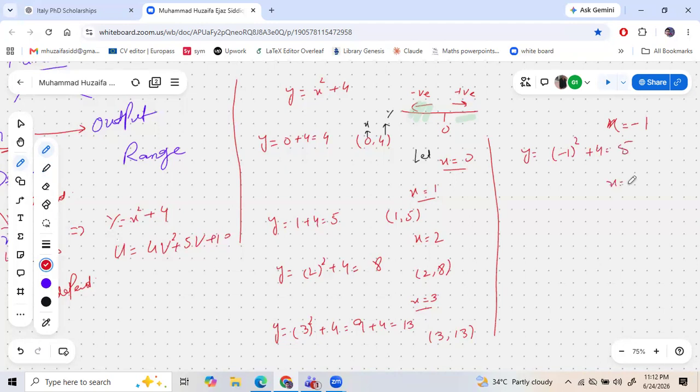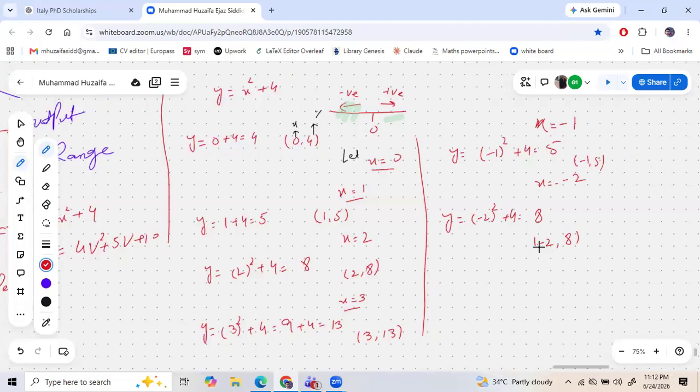When we put x is equal to -2, this is (-2) square plus 4, which is equal to 8. So our ordered pair is -2 and 8. Here we write -1 and 5. Got it? After this, I'm moving to x is equal to -3, and y is equal to (-3) square plus 4, which is 13. So our ordered pair is -3 and 13.